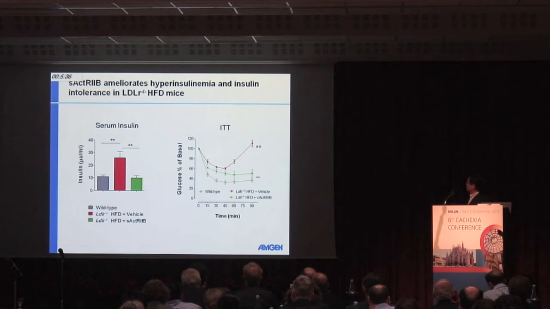These animals develop severe insulin resistance, and you can see here the serum insulin really shoot up, the red compared to the wild type, and with the soluble receptor treatment, we could reverse this upregulation of serum insulin.